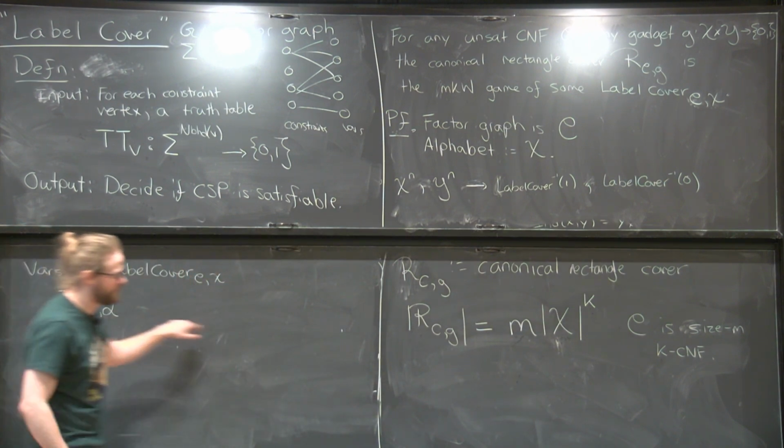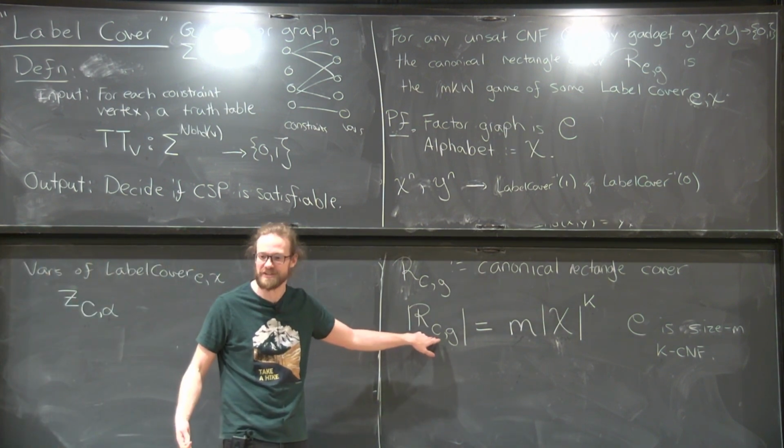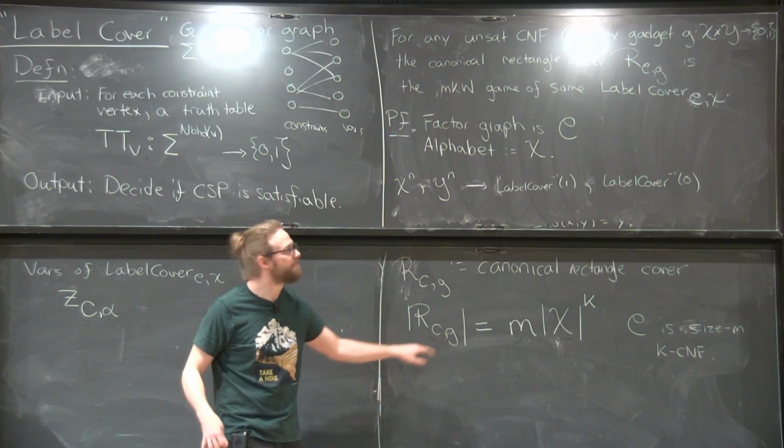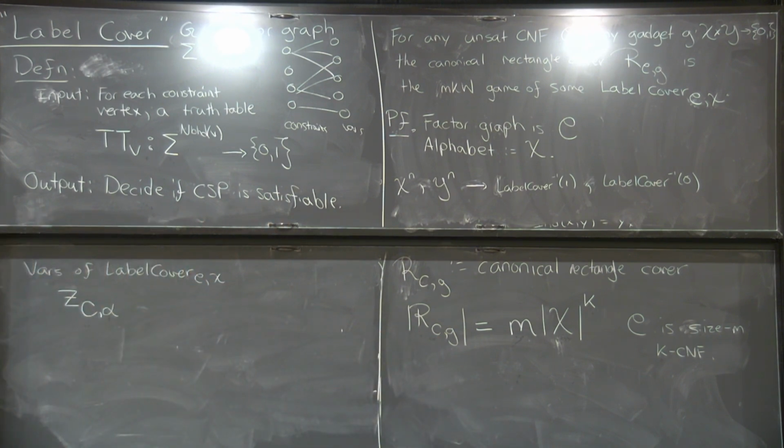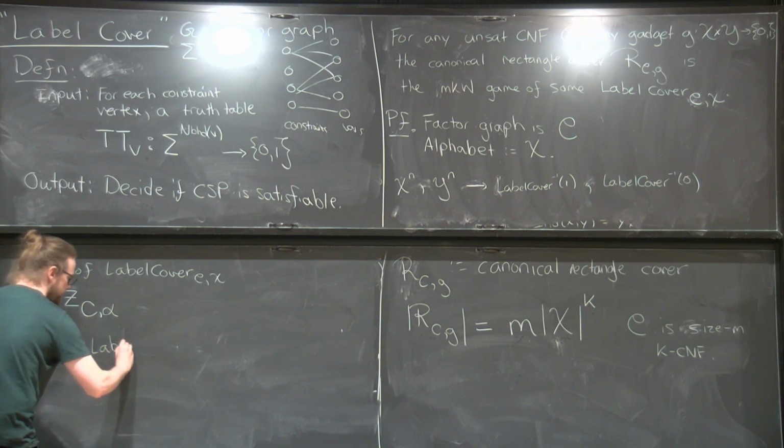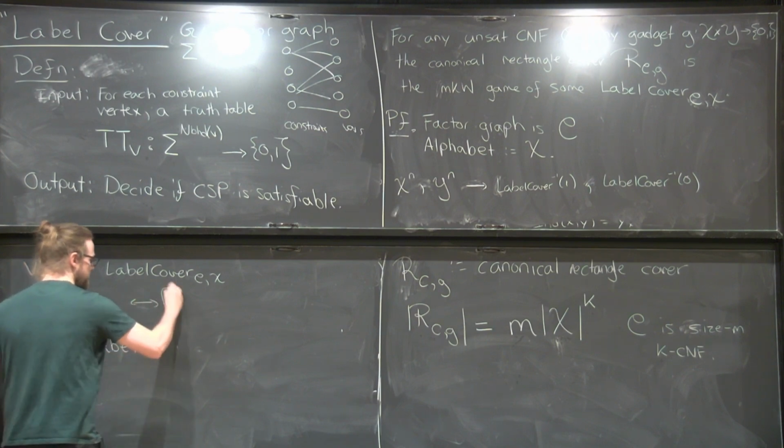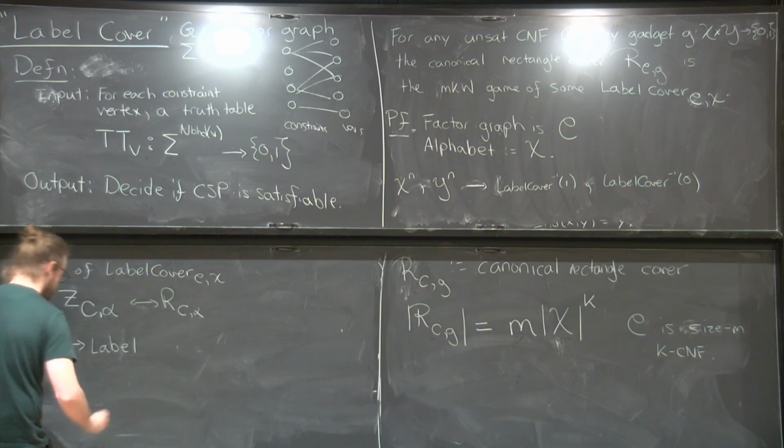But that, of course, corresponds exactly to every rectangle that's occurring in this cover. And now, x to the n is going to get mapped to the ones of label cover. So this will correspond to R sub C and alpha.